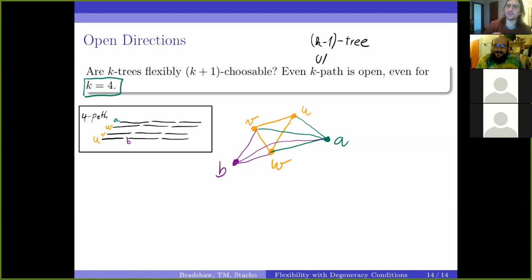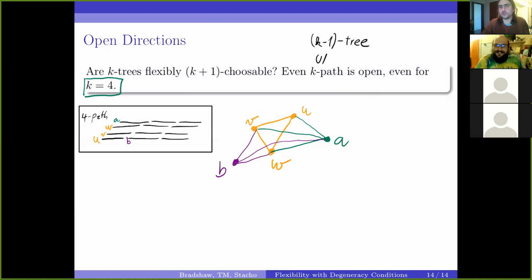Yeah, because there is this big conjecture about degeneracy. So about this conjecture about degeneracy, would it also help if you knew a little bit more about the ordering? Because you know that the degeneracy is D, but for instance, if you knew that some other parameter, I'm particularly thinking about the weak coloring numbers, is bounded.